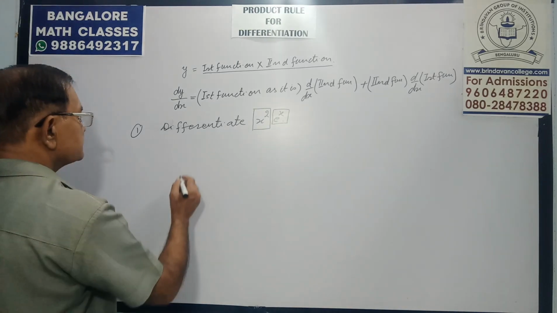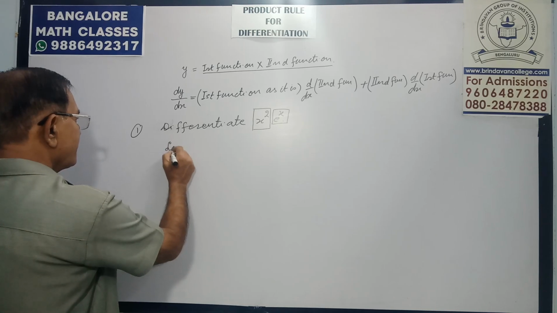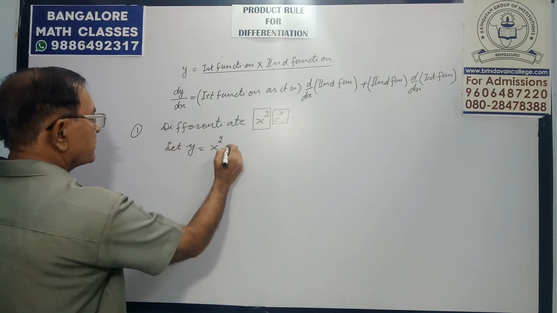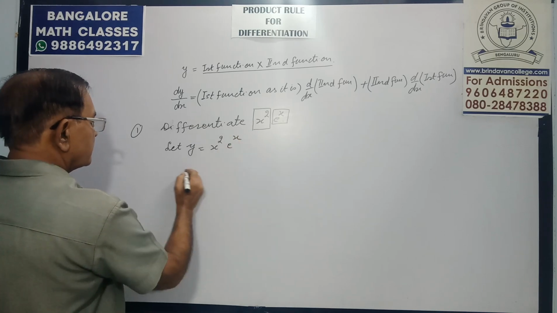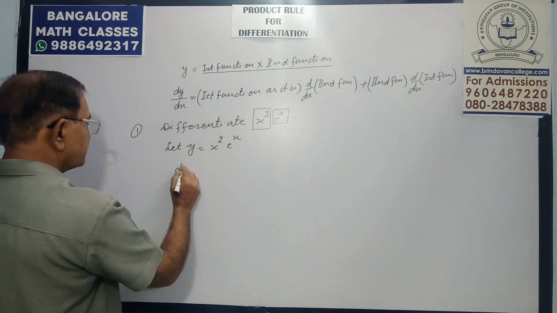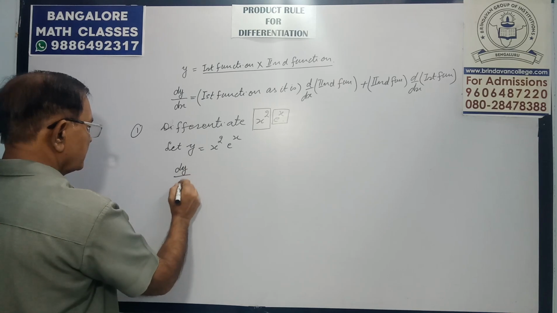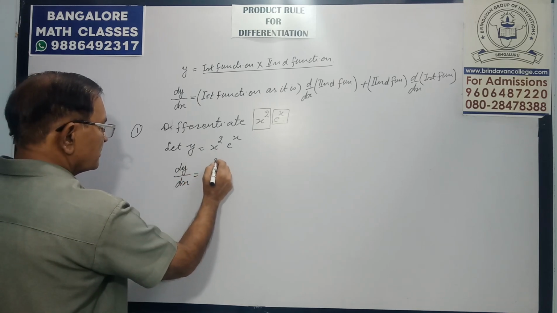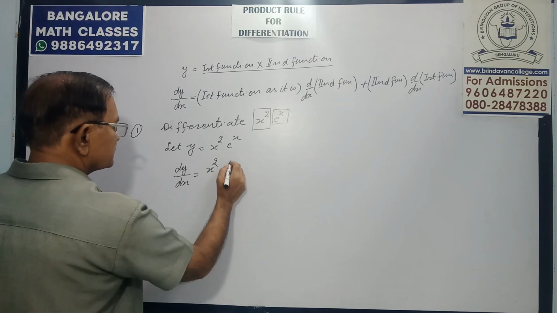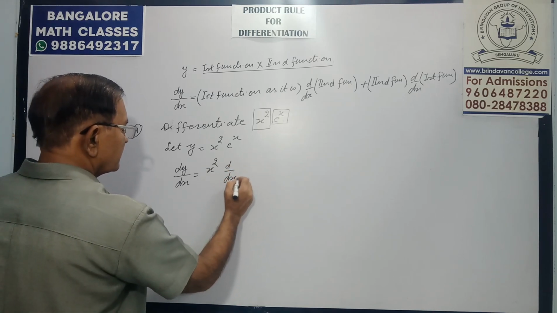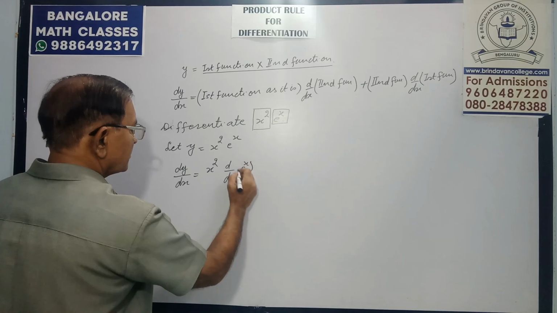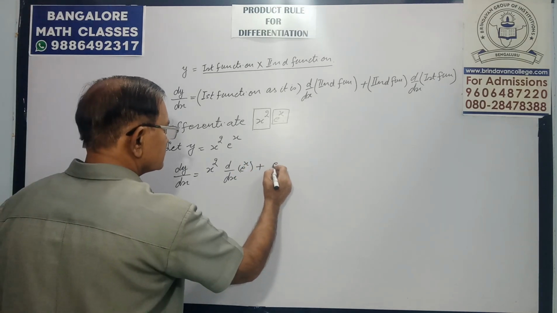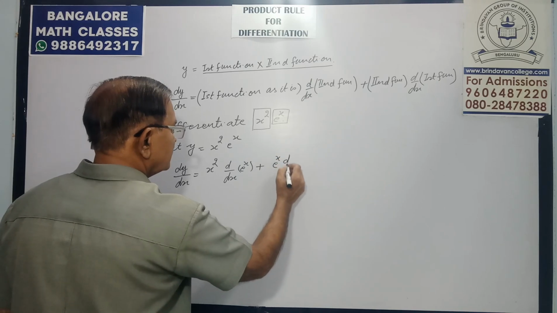The identity to be used is dy by dx, that is differentiating: first function as it is, ddx of second, plus second function as it is, ddx of first.